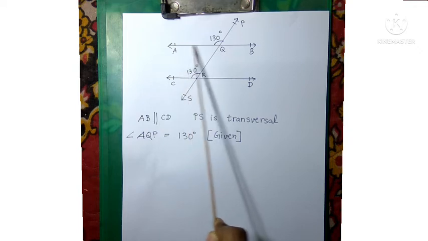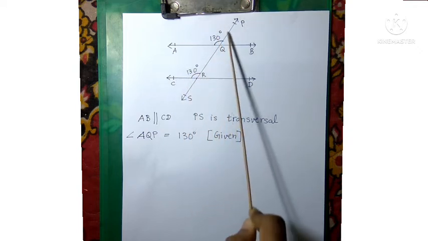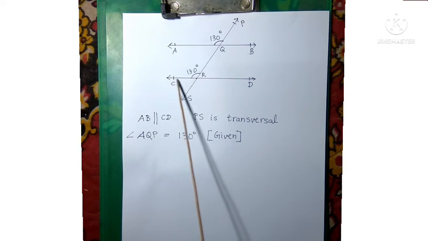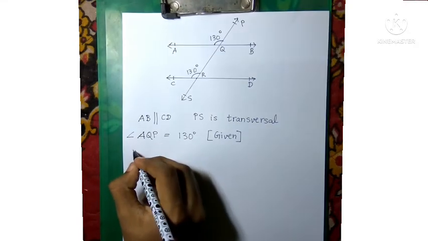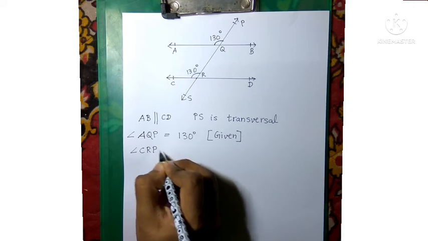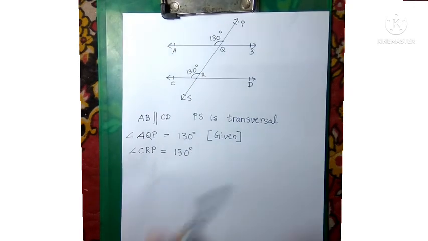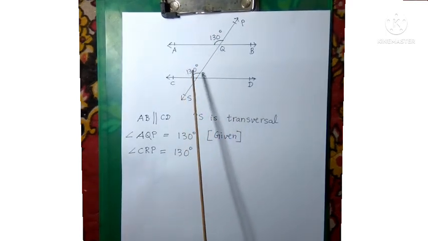Angle AQP is on top of point Q, angle CRP is on top of point R. So angle CRP will also be 130 degrees. So let us write that. Equal to 130 degrees. The reason is they both form corresponding angles.